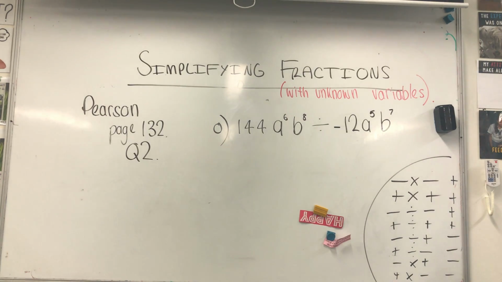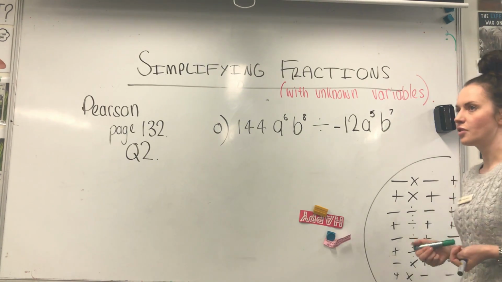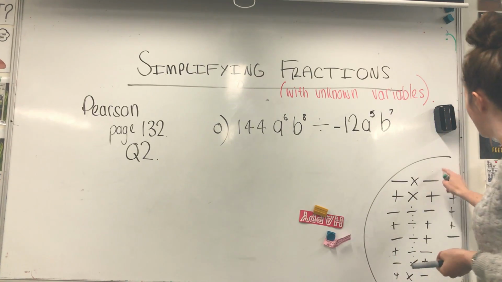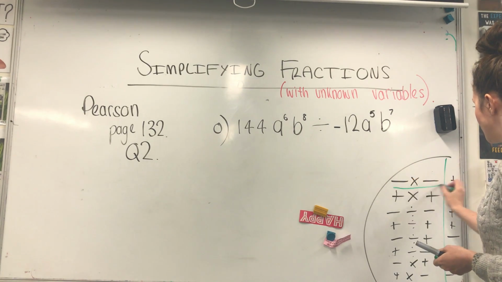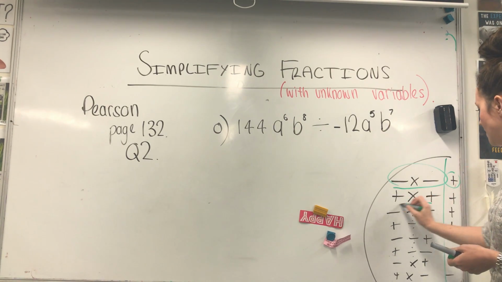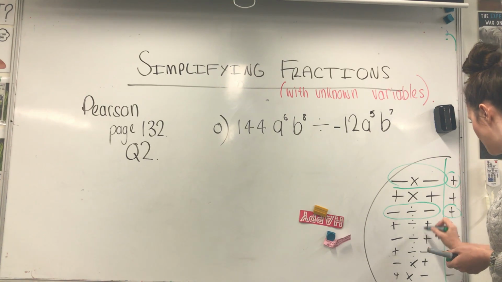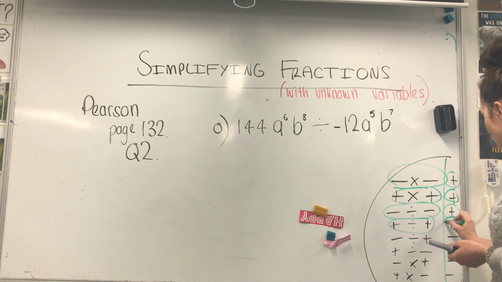Now, that looks super hard, but it's easy to remember. In relation to division and multiplication, if your integers are the same, it is going to be an overall positive number. So as you can see, these ones here are the same, positive number. These ones here are the same, positive number, and these ones here too.